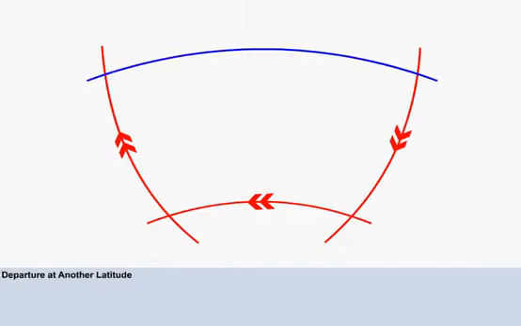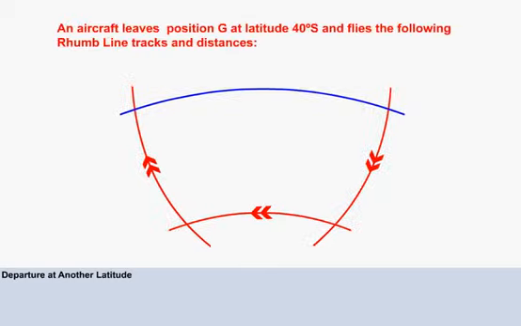You need to be able to solve questions where you are given departure at one latitude and have to solve it for another. Consider this question. An aircraft leaves position G at latitude 40 south and flies the following rhumb line tracks and distances. G to H, track 180 true, distance 240 nautical miles.